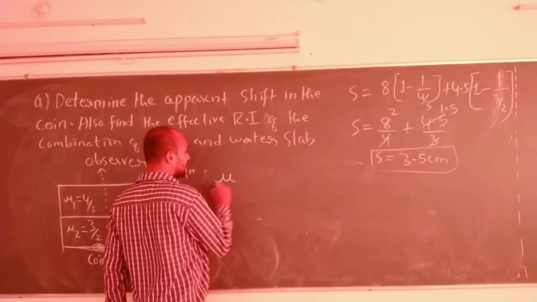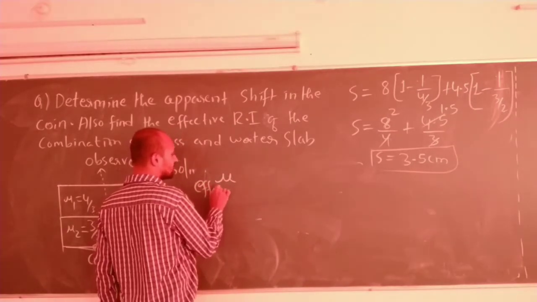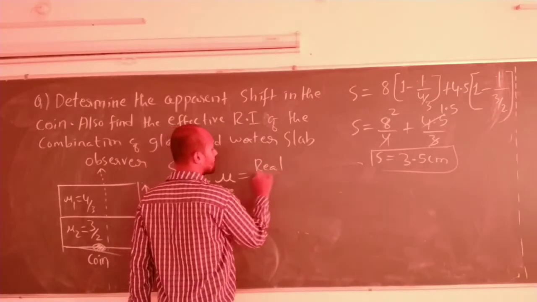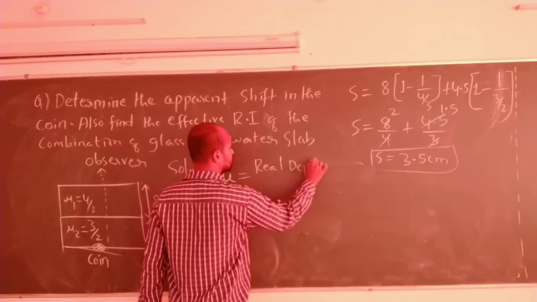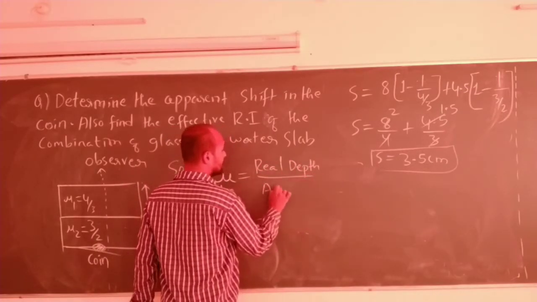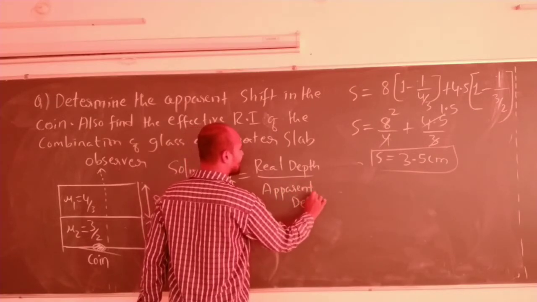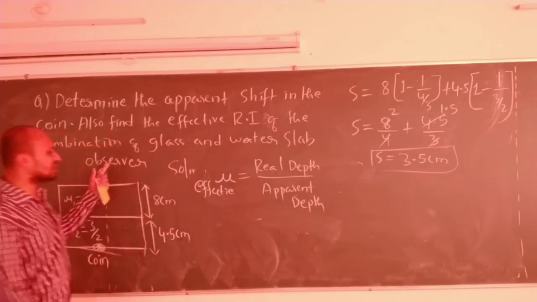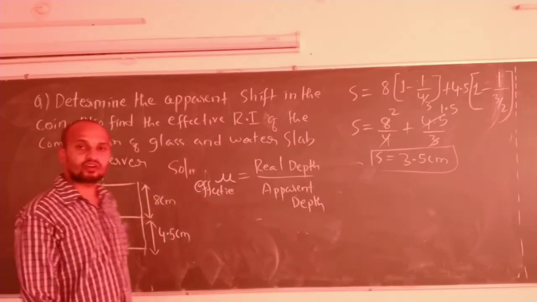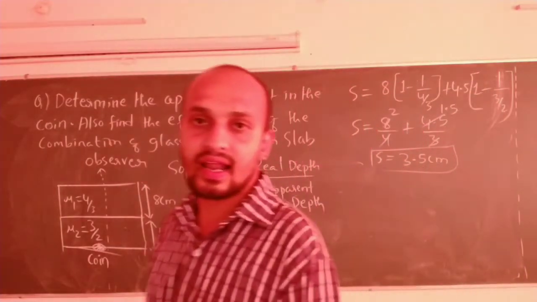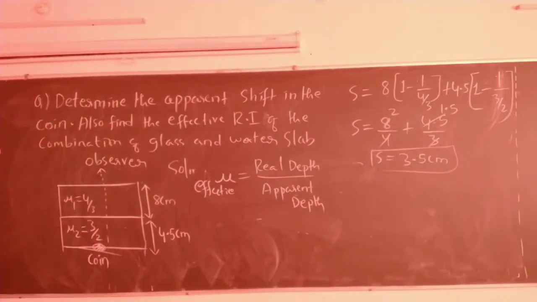So the effective refractive index will generally be real depth divided by apparent depth. Here you have to recognize first which is real, which is denser, which is rarer. That analysis has to be there compulsorily. If you don't have that analysis, it is very difficult to solve.